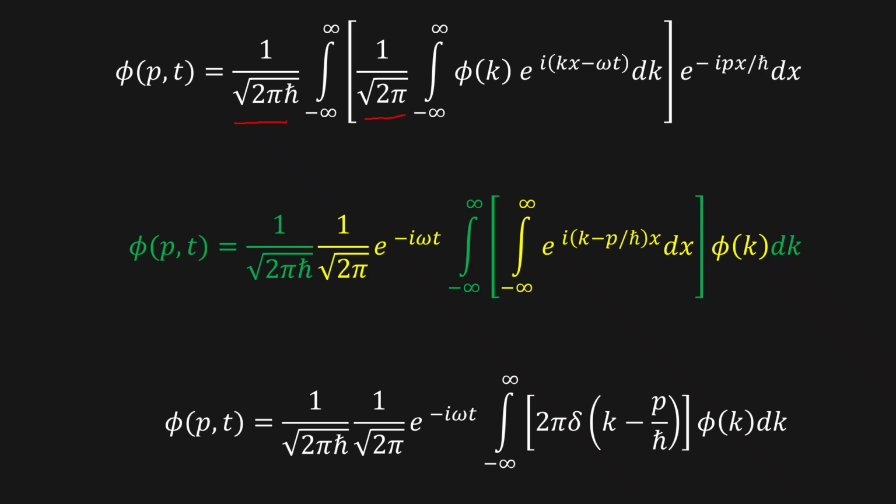That is 1 over square root of 2πħ, and here 1 over square root of 2π, which I have used yellow color for. Also you can take out e^{−iωt}, which does not depend on either k or x. So I can take it out. Then the integral from minus infinity to plus infinity.